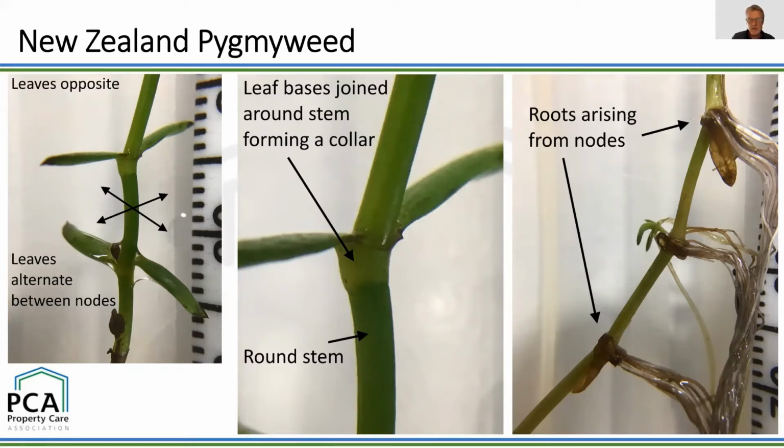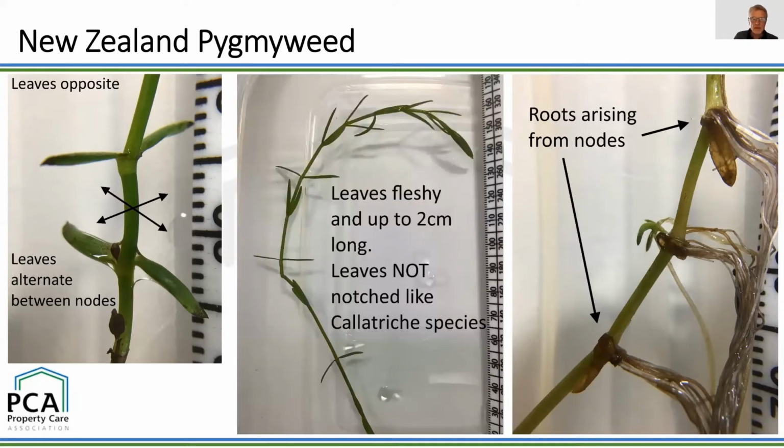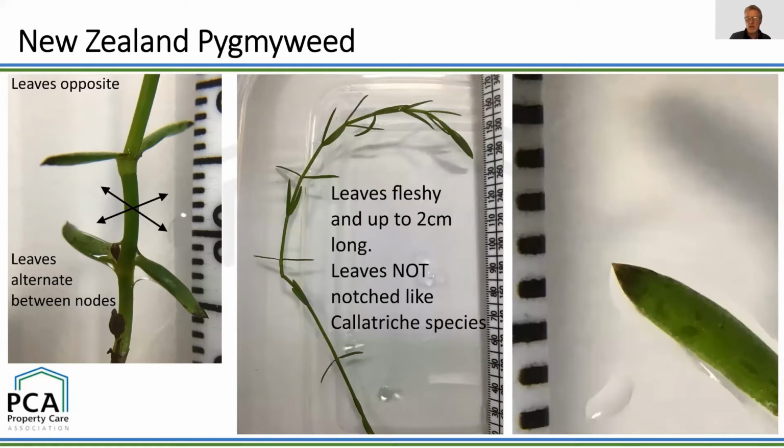That's in the middle picture. The stem is round, and on the right-hand side, we can see the roots arising from the nodes that are distributed along the stem. Now, the leaves are quite often fleshy and up to about 2 centimeters long, but they're not notched like Callitriche, which is a native species.